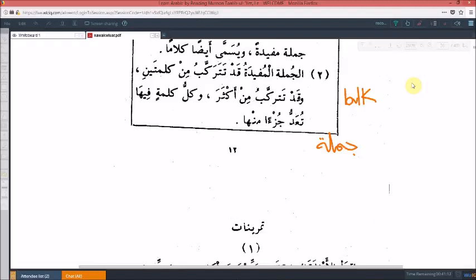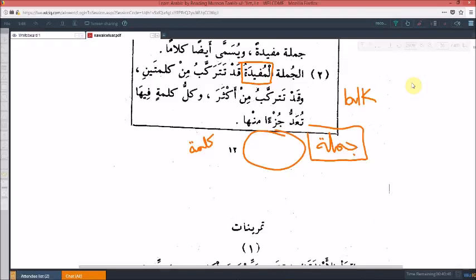So jumla means bulk because it's a collection of something. So kalima is a word, and a jumla is a collection of kalimat. It's a group of them that come together to form something mufida.